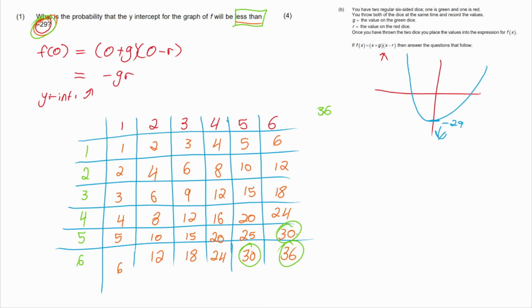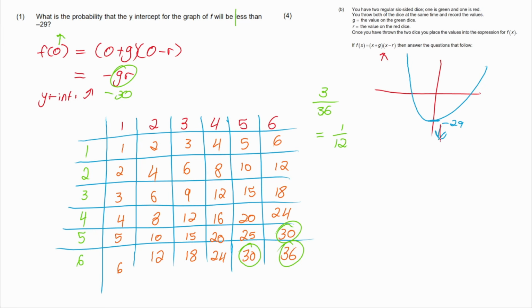If you do 5 times 6 here, you actually get negative 30, which is less than negative 29. So the actual answer is 3 over 36, which is 1 over 12. Numbers less than negative 29 are negative 30, negative 31, negative 32, and so on.